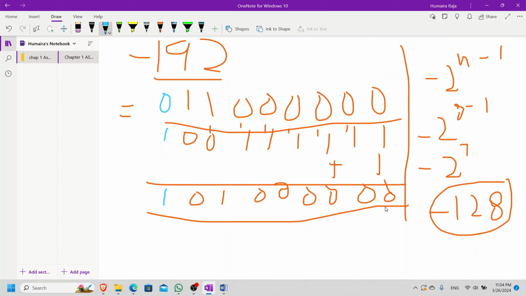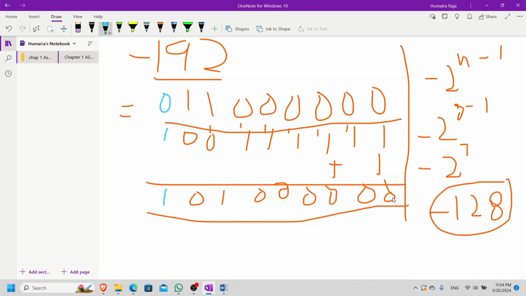Now, if I check by giving them powers of 2, I can recheck the answer, whether I will get minus 192 or not. Remember the rule: when you are asked to represent a negative number using 2's complement and you are giving the powers, the last digit, the most significant bit, will have a negative power.